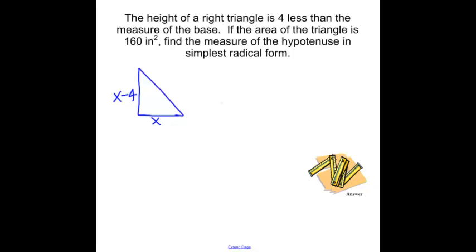So this is almost like a two-step question. The first thing you need to do is you know that the area is 160 inches squared. So I know that x minus 4 times x, 1/2 of this, is 160. I'm just going to multiply by 2, so I get x squared minus 4x equals 320.